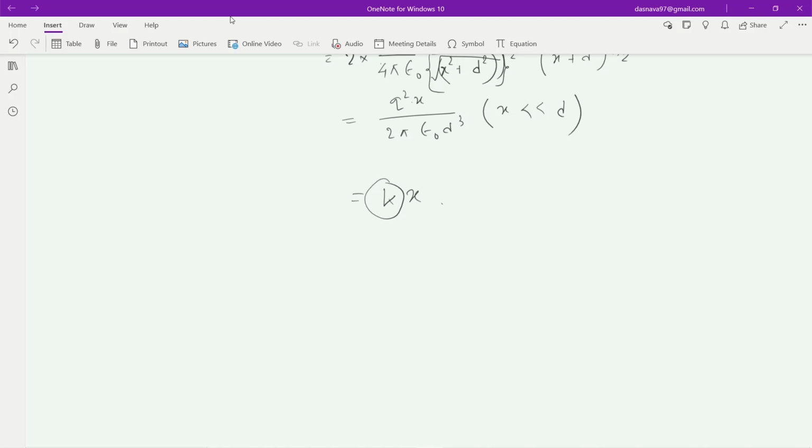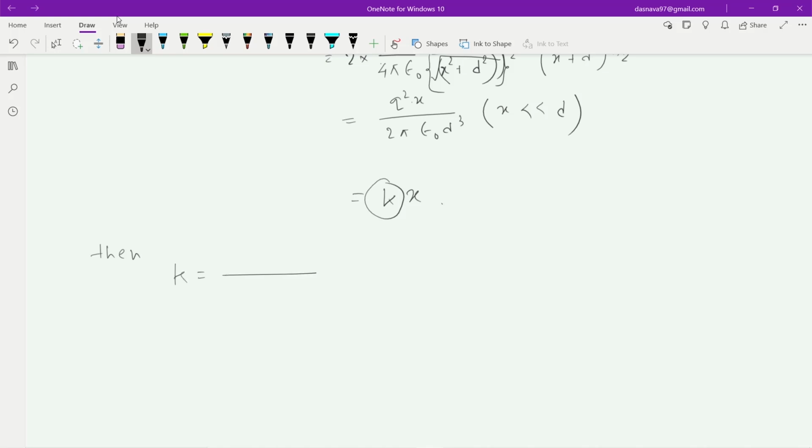If we compare it with this F dash, then now if we write the equation as kx, then we can write k equals q square by 2 pi epsilon naught d cube, where x is very smaller than d. So we can neglect this x term from this equation, and we can write directly as d cube.